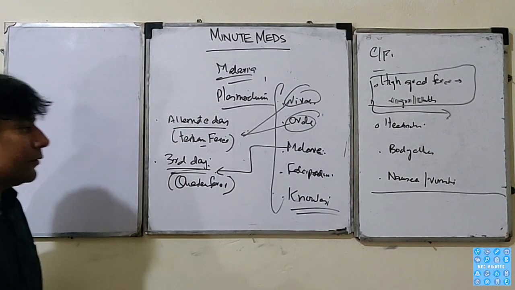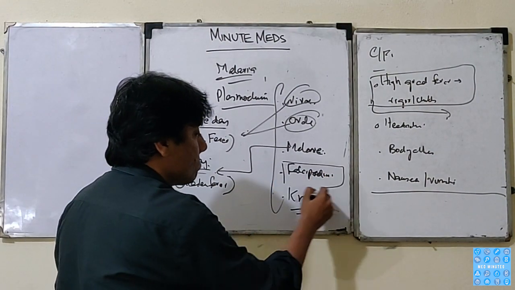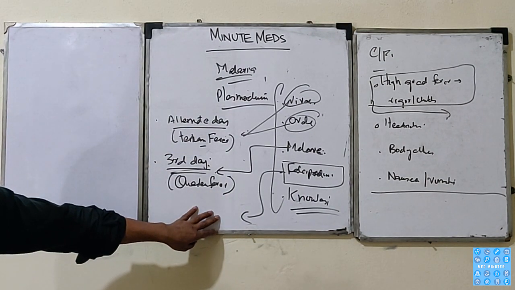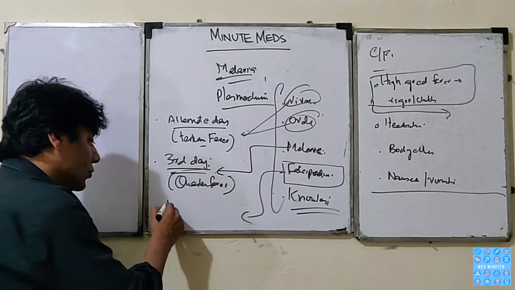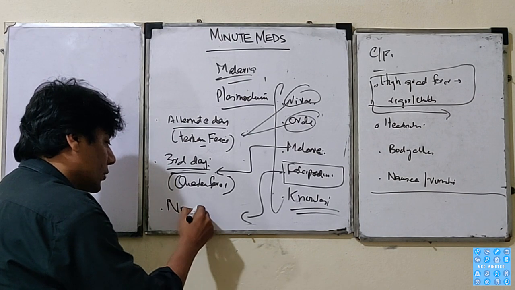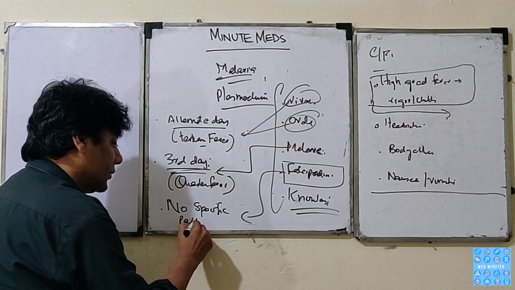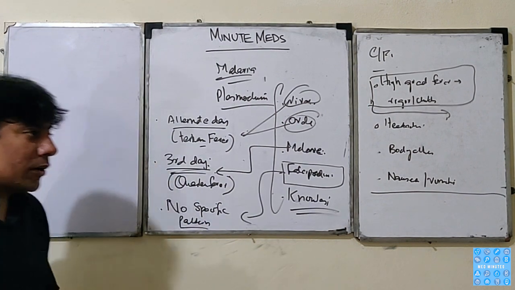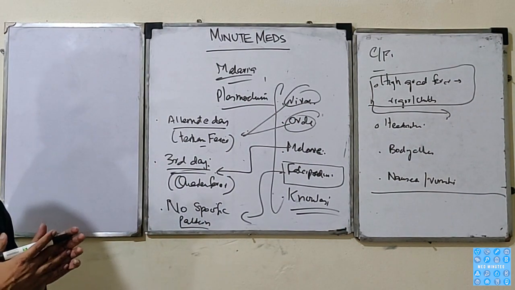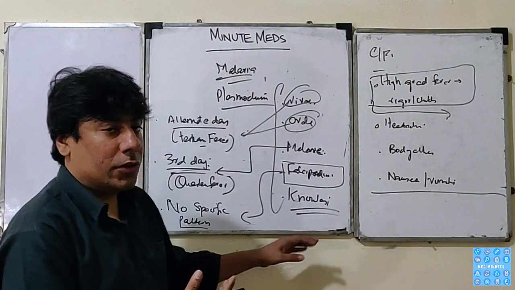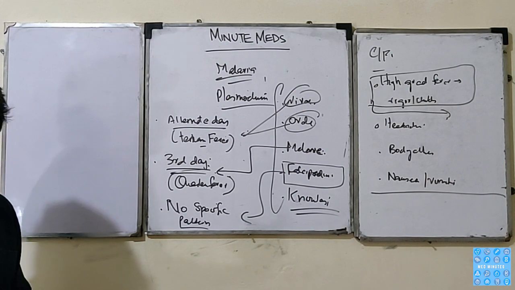And the falciparum, the most notorious, this is the type of the strain that has no specific pattern. This is the reason, because it involves the RBCs of all ages, from erythroblast to the normoblast.